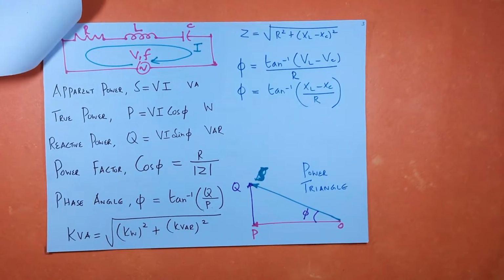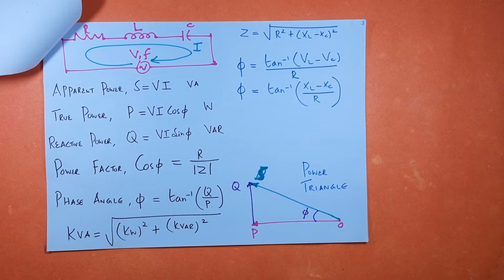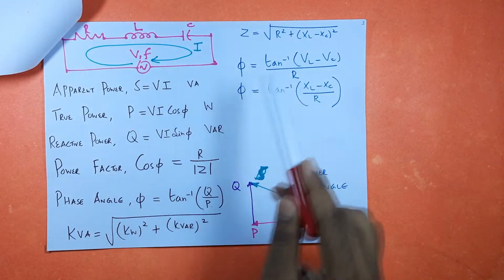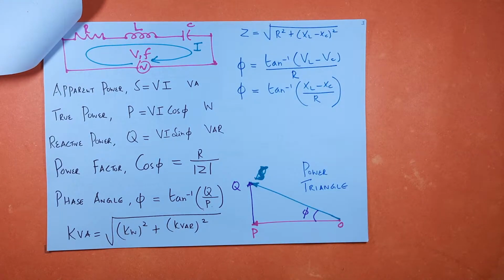So we have R, L and C in series, to which we apply a sinusoidal signal of voltage V with the frequency F. Then the impedance of this circuit is going to be Z equals square root of R square plus (XL minus XC) the whole square. Here we assume XL is greater than XC.